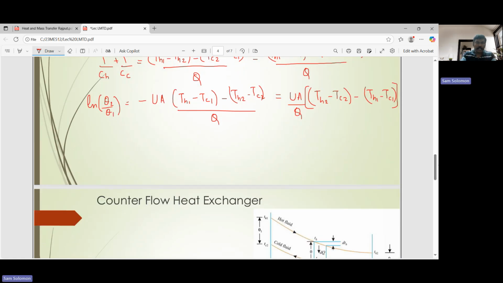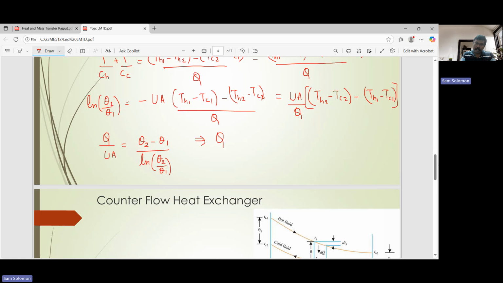So that gives us, or we will call this, Q by UA equal to θ2 minus θ1 divided by ln θ2 by θ1.